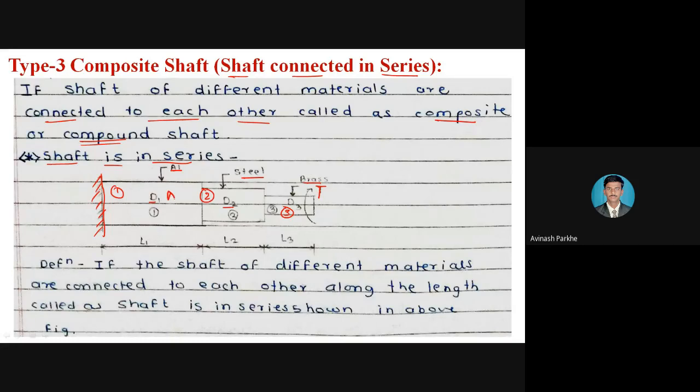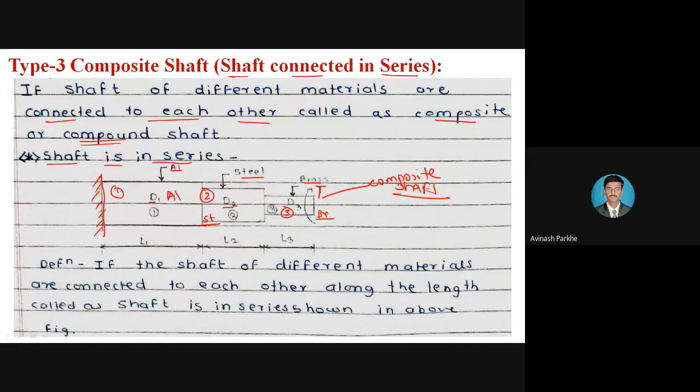Shaft number 1 is aluminum, shaft number 2 is steel, and shaft number 3 is brass. That means shafts of different materials are connected to each other. Therefore, this structure is called a composite structure, or a composite shaft. This is the basic definition of a composite shaft.